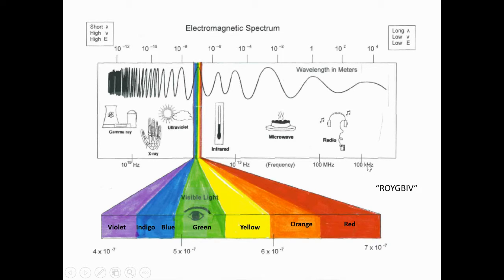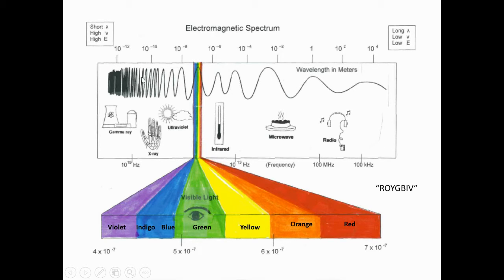And when we have a low frequency, frequency and energy are directly related. So long waves have a low frequency and a low energy. As we go along the spectrum, the wavelength value gets smaller.